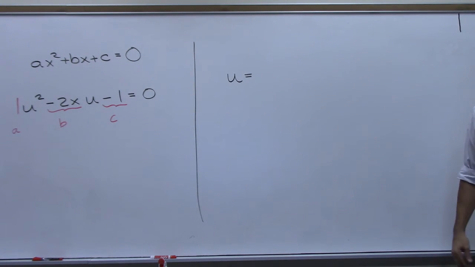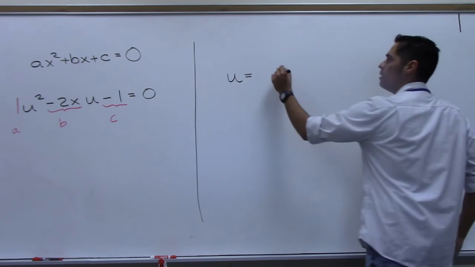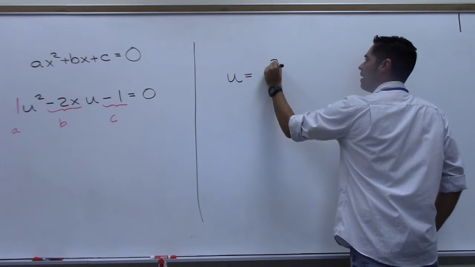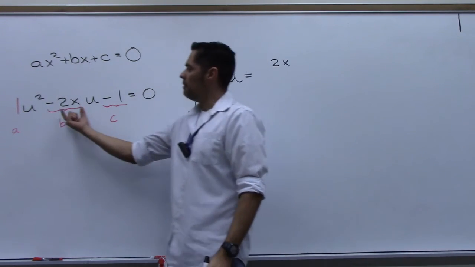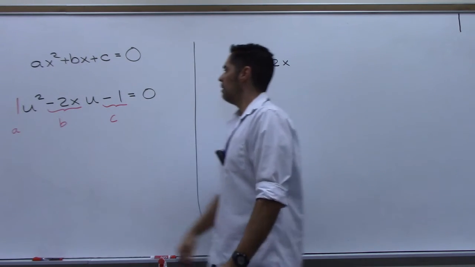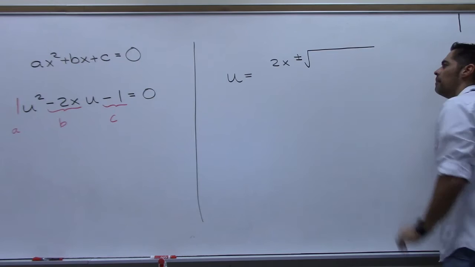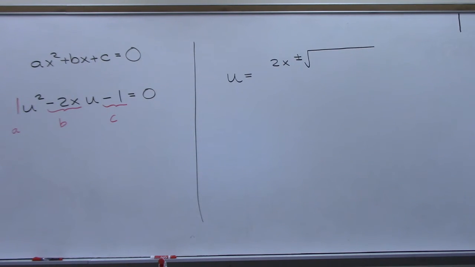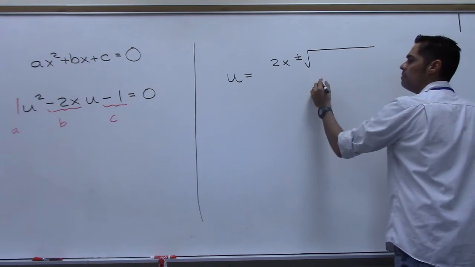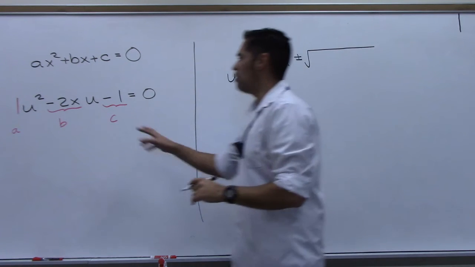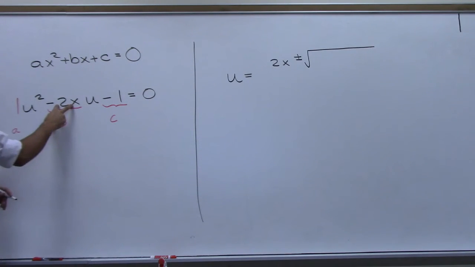What's negative b for us? 2x, right? It's the opposite of negative 2x. Plus or minus square root of b squared. Negative 2x, right? Squared, which is 4x squared.